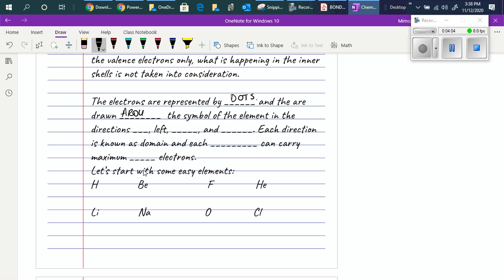So when you see a Lewis dot diagram, you will see something like this being the symbol of the element. And then we will start drawing the dots around the symbol of the element.